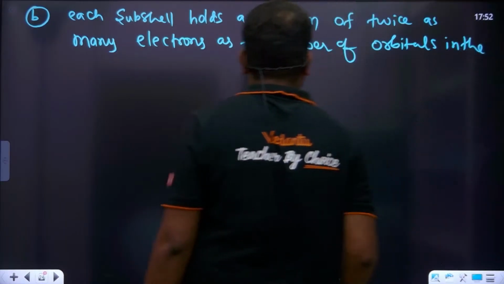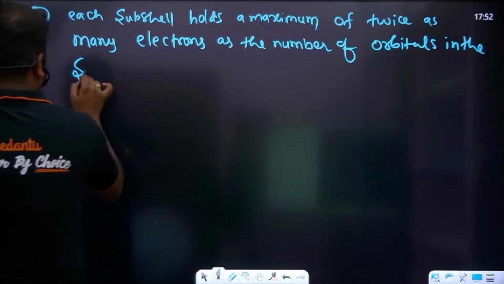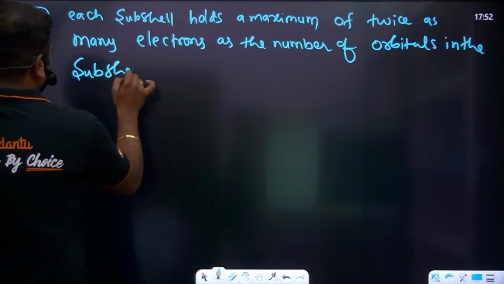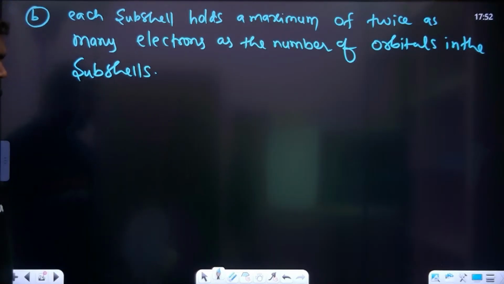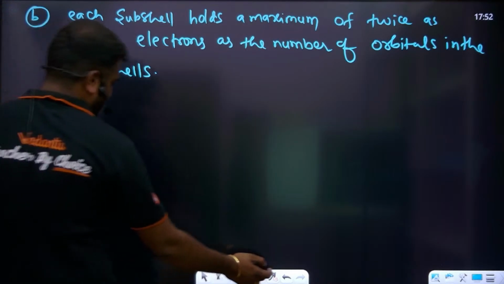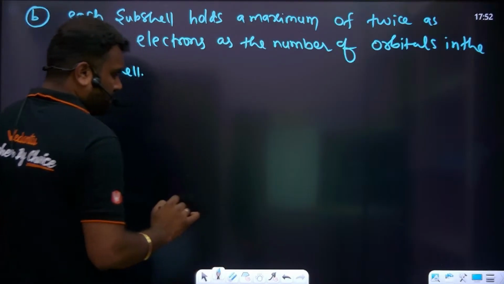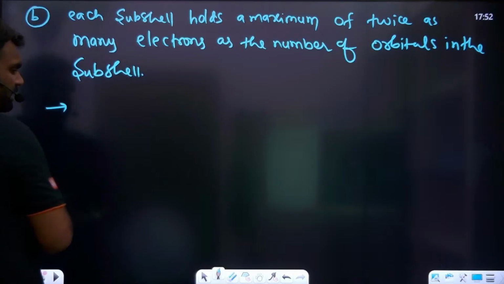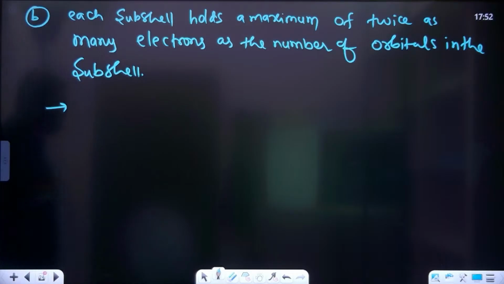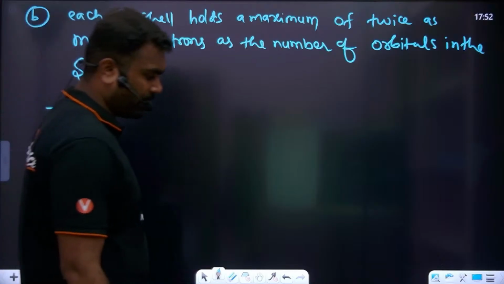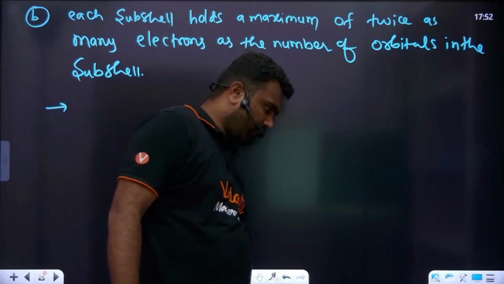Okay, right. So here we don't need shells, put subshell. So here we can say the maximum number of electrons that can occupy a subshell is, yes, very good Vani.